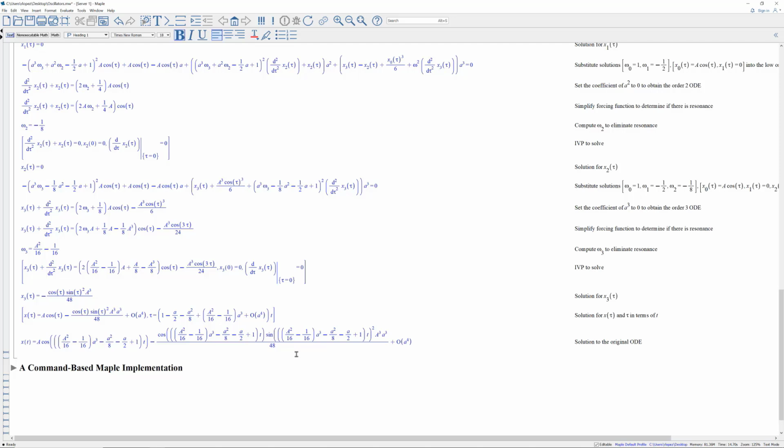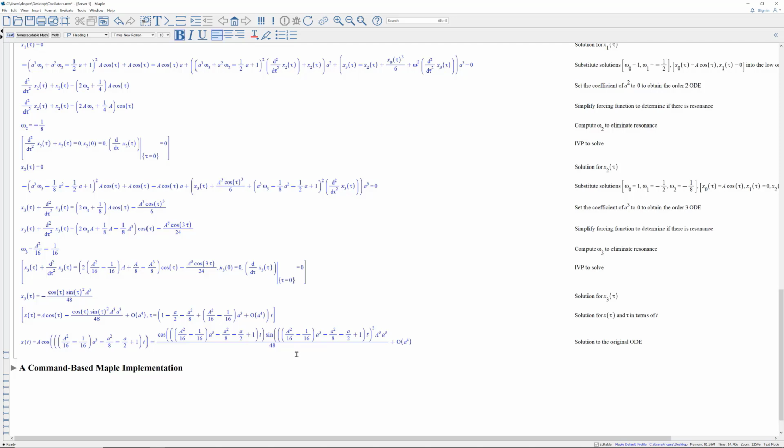My feeling is that a student who did not have a presentation of the Lindstedt method before trying to read the steps out of this solution might struggle.